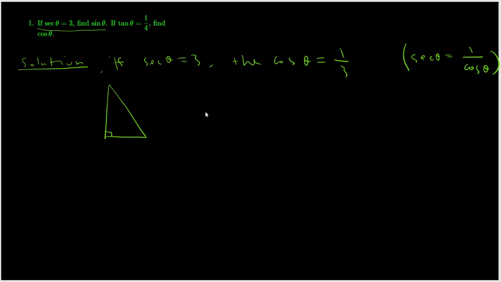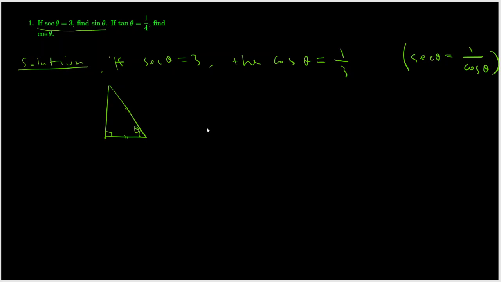It may not be too proportional, but if that angle is theta, adjacent is that line segment, and hypotenuse is that line segment. I'm not going to label the points.